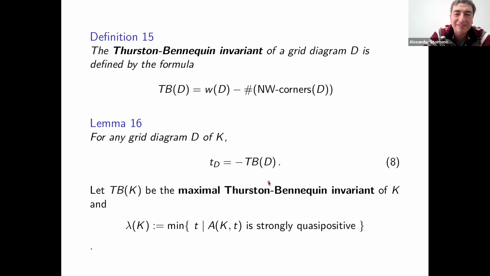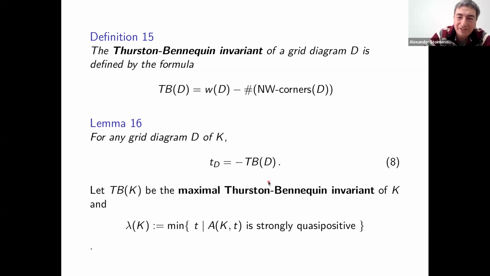So, and then it is not too difficult to observe that this framing is minus the Thurston-Bennequin invariant. Okay. So, and so in contact topology, sometimes they study this maximal Thurston-Bennequin invariant of a knot, which is the maximal Thurston-Bennequin number of all Legendrian embeddings.